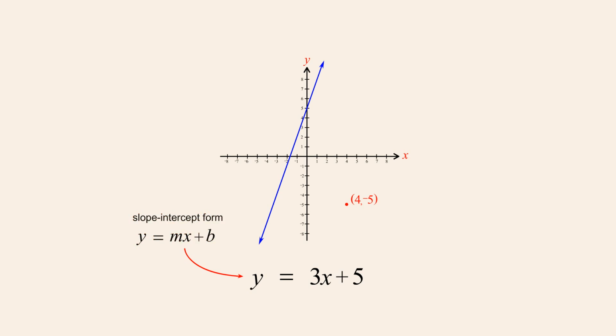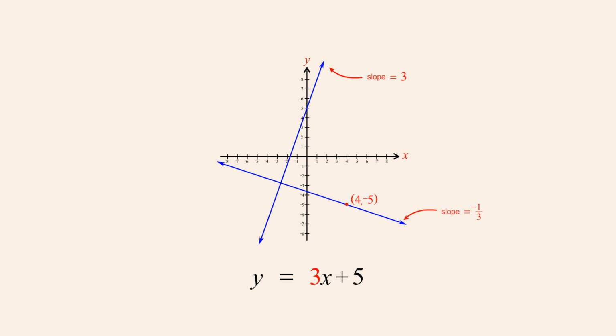For example, let's say we are given the equation of a line and asked to write the equation for a perpendicular line which runs through the point 4, -5. Since the equation for the given line is in slope-intercept form, the coefficient of x, 3, corresponds to the constant m, the slope of the line. Since the slope of the given line is 3, the slope of the perpendicular line must be the negative reciprocal of 3, or -1/3.